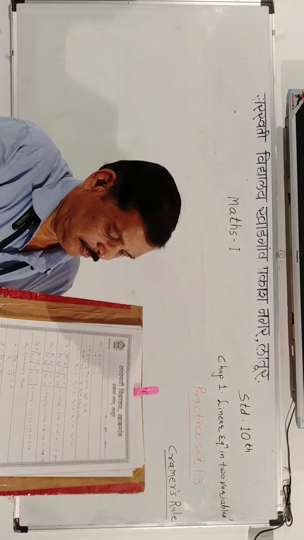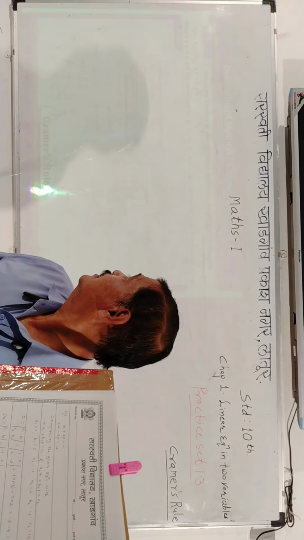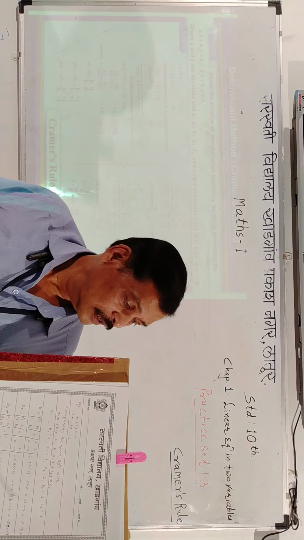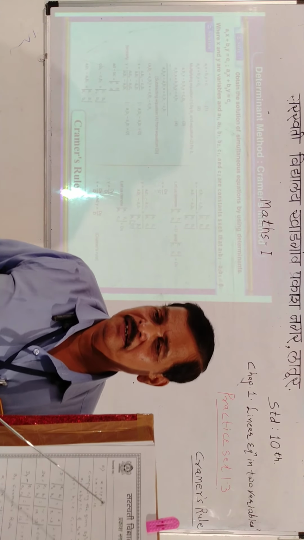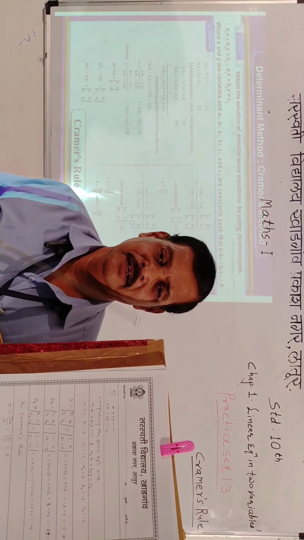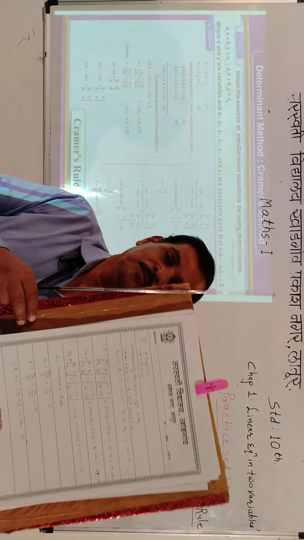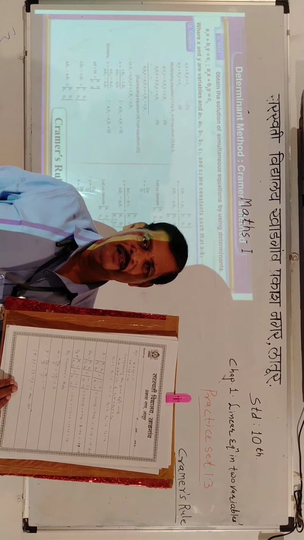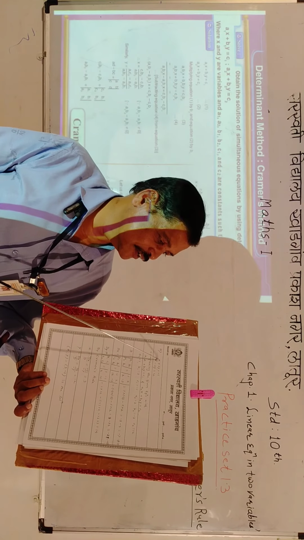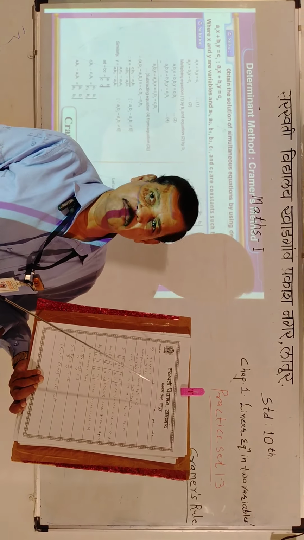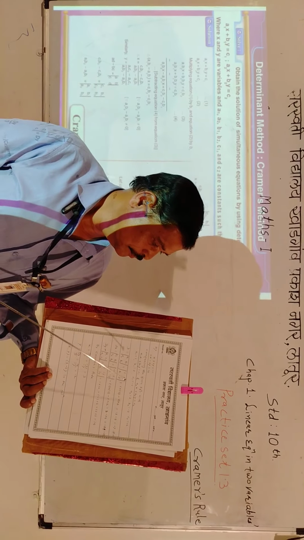Now one example from exercise 1.3, question second. Solve the following simultaneous equations by Cramer's rule. The first example is given: x plus 2y equal to minus 1 and 2x minus 3y is equal to 12.